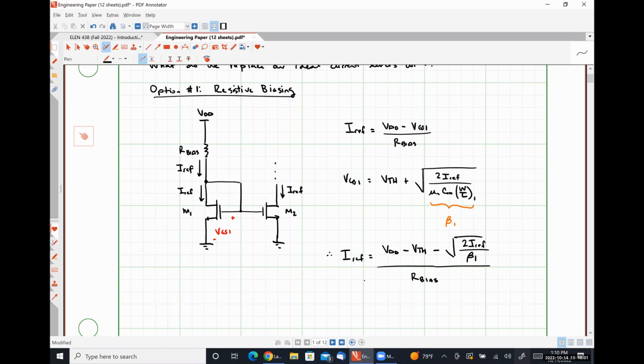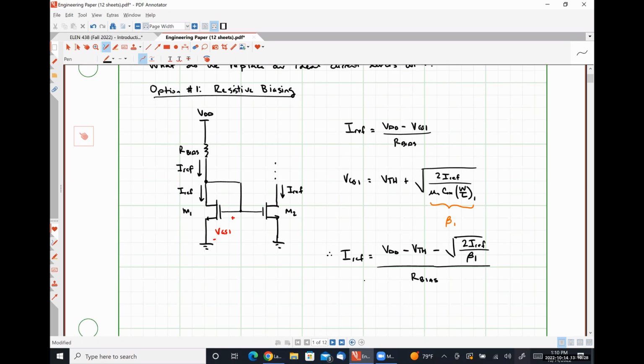Okay. Additionally, our reference current utilizes a specific resistor value to achieve that reference current, which means if there are process variations or temperature variations, we now have an incorrect reference current as well. Okay, so this works, it just works incredibly poorly.